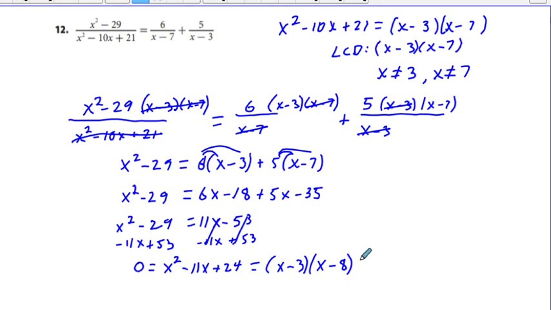So we have, setting x minus 3 equals 0, and x minus 8 equals 0, we have x equals 3, x equals 8.